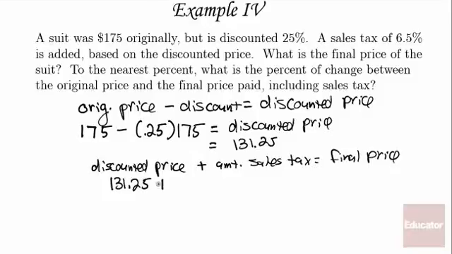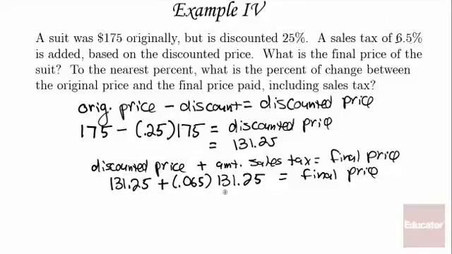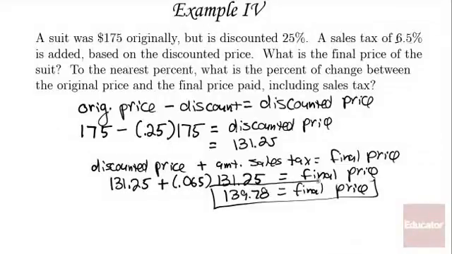And since the sales tax, I am adding 6.5% of that price, which is 0.065 times 131.25, and that gives me a final price of $139.78. So I answered the first question, what is the final price of the suit?